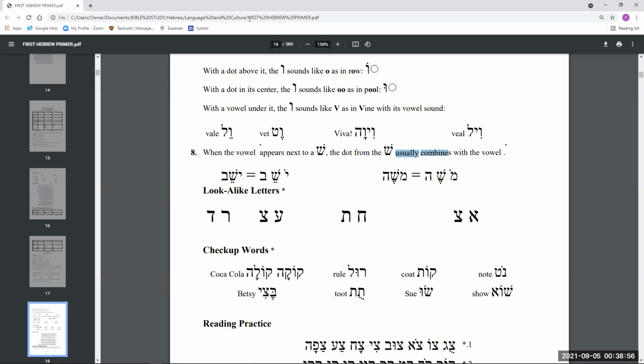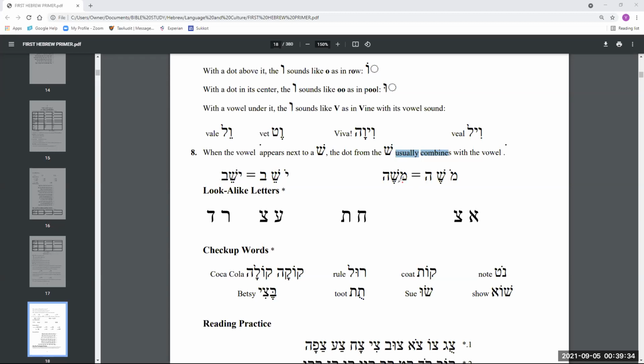See if I can get this illustrated. So what I mean is, if this consonant is preceding this consonant, normally it's going to take on the cholam sound from the shin. But what I'm saying here is, if this had a vowel point under it, right? If it had the vowel point under it, the chirek, then it would be Mishe.